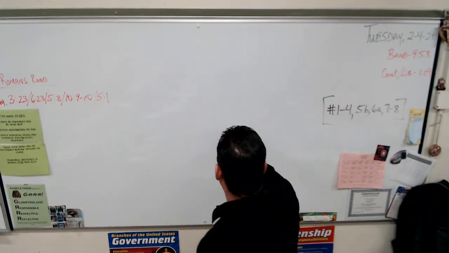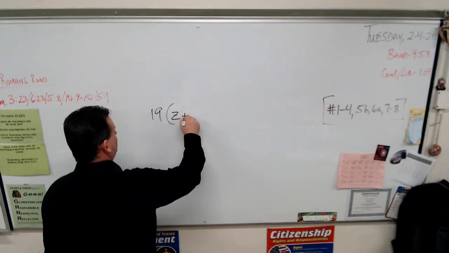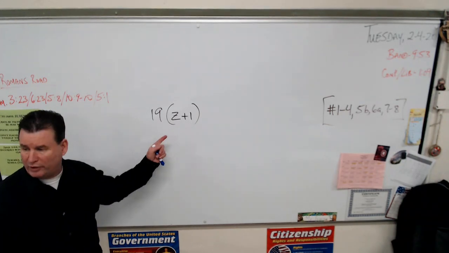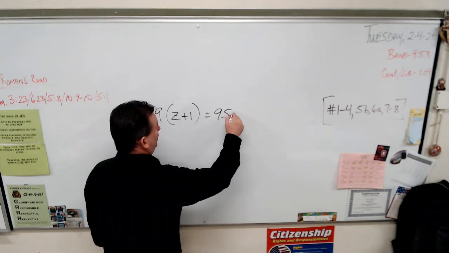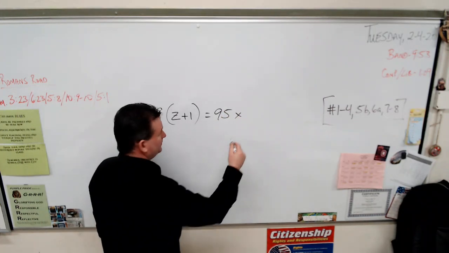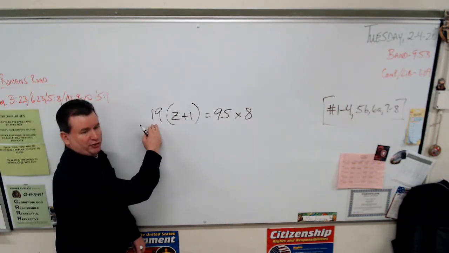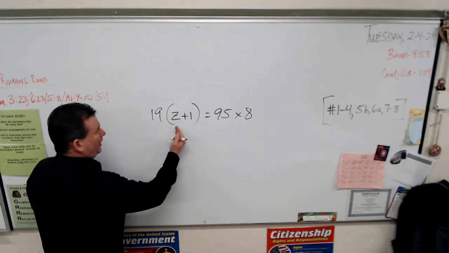So 19 times, is this what messed you up, David? That old distributive property? 19 times z plus 1, you set up like that. That's got to be the same as 95 times 8. So the first thing you do, you distribute the 19 through everything in there.